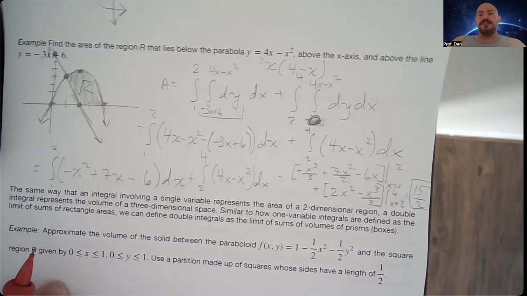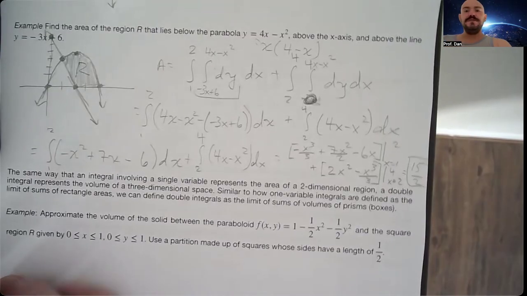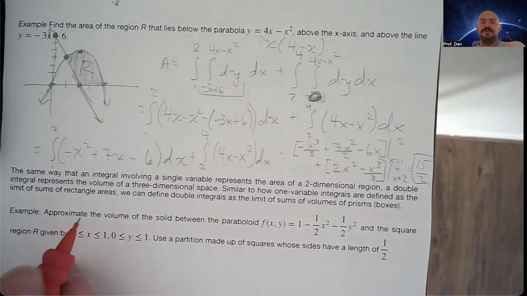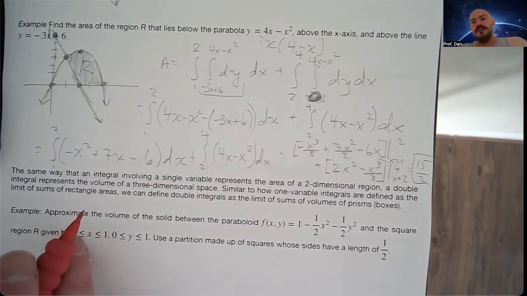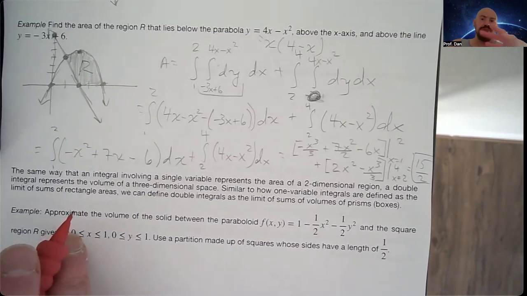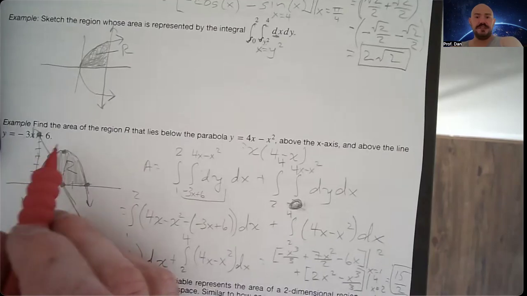Well, there is an equivalent to that for volume and double integrals, right? So a double integral would be defined as essentially finding the volume of basically rectangular prisms, right? So the xy part of it gives you the base of the prism. The z coordinate would give you the height of the prism. You would basically break the space underneath the three-dimensional surface into rectangular prisms the same way that you broke this kind of space into rectangles, right?